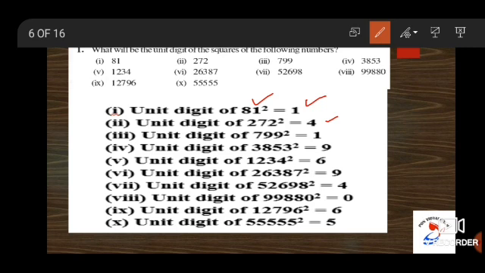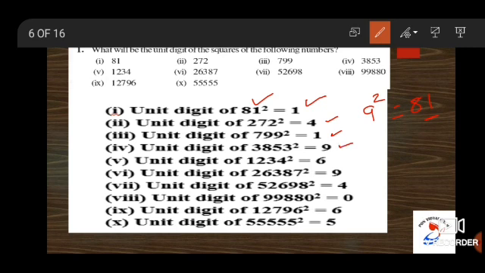Subdivision 3, unit digit of 799 square. That is nothing but 9 square is 81. So as 9 square is 81, the units place number is 1. So it is 1. Similarly for 3853, the answer is 9.